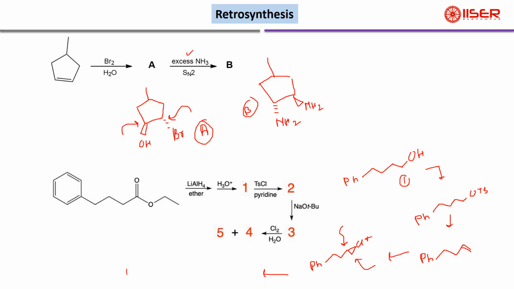So there will be a mixture of product. So this will be our 4 and 5. This is our 3. This is 2.